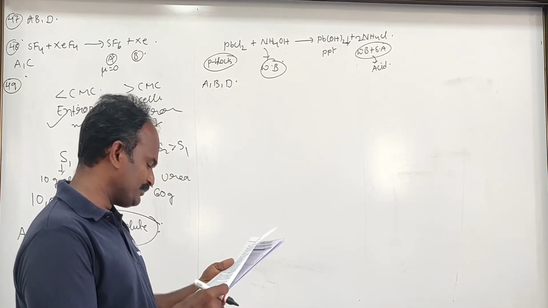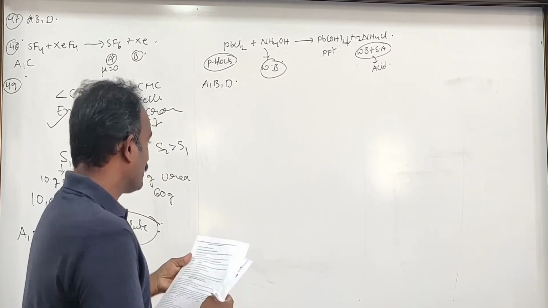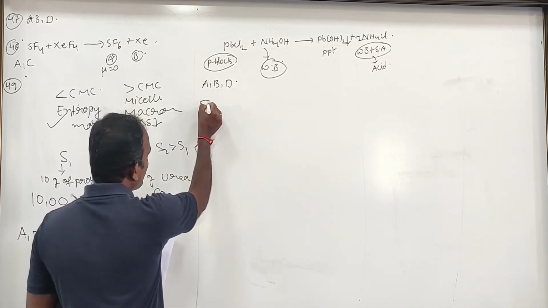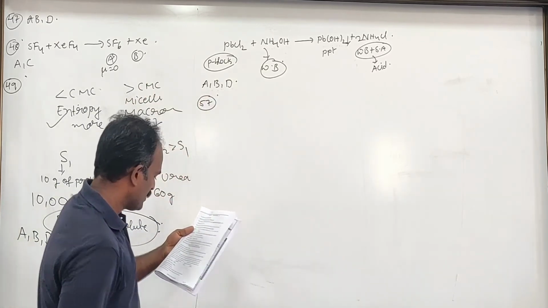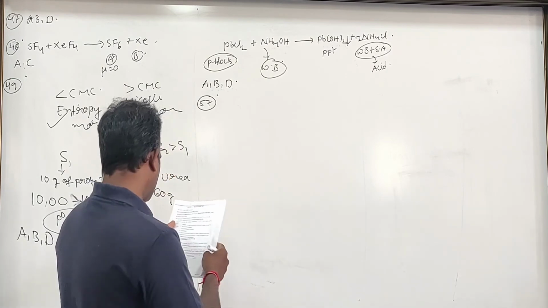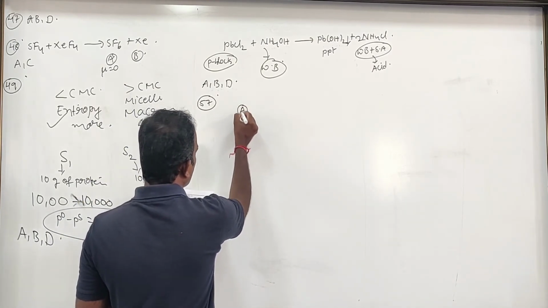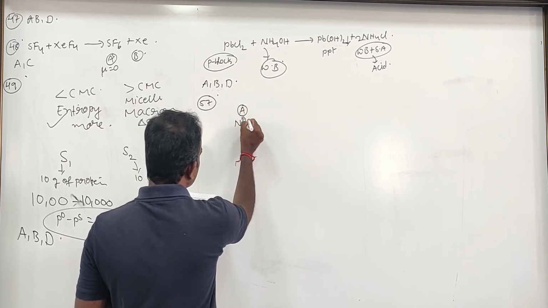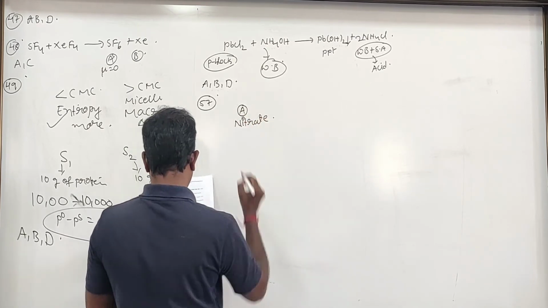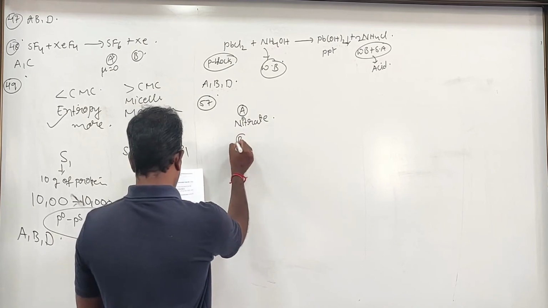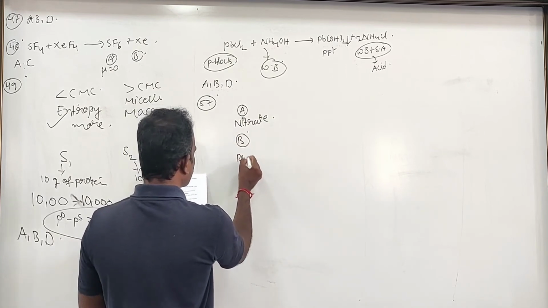Next. Question number 57. A test tube A containing nitrate. Another test tube B, which is containing bromide.